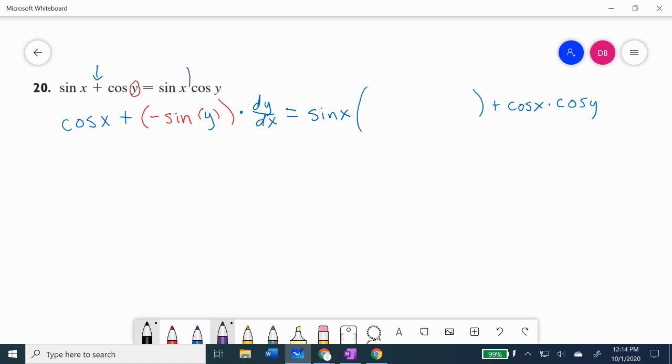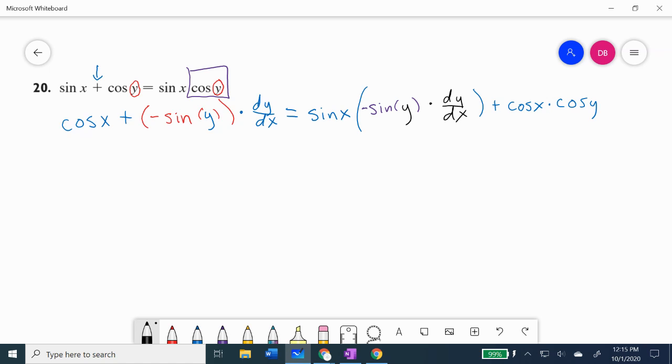Actually, I'll do purple. So taking the derivative of cosine of y while you were in the middle of a product rule, first of all, treat that as a baby. Derivative of cosine of blah is negative sine of blah. Give mommy her baby. Multiply by the derivative of that baby. And we have completed the differentiation part.